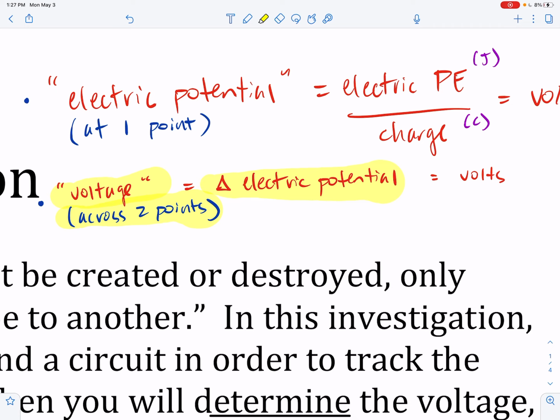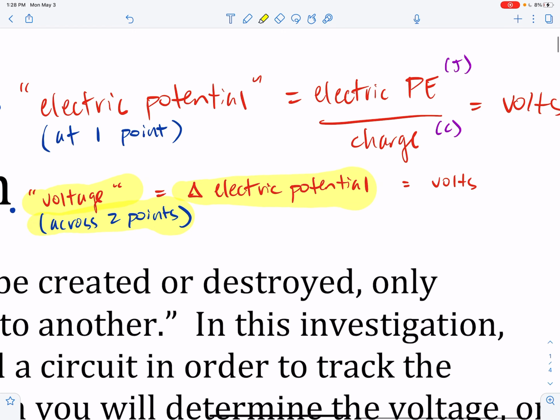You can think of it as the electric potential at a final point minus an initial point, or point 1 to point 2, however you want to label those 2 points. But it's a change in potential across 2 points.